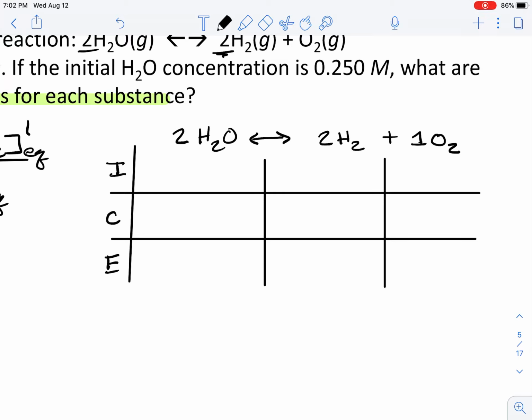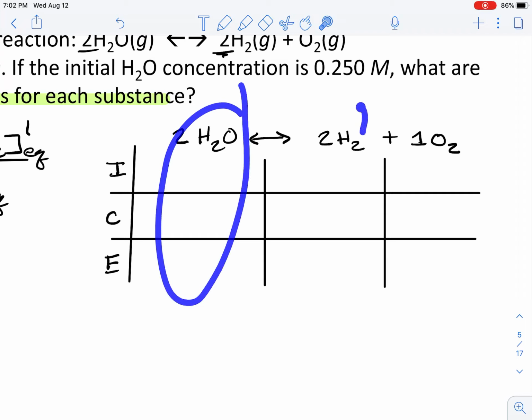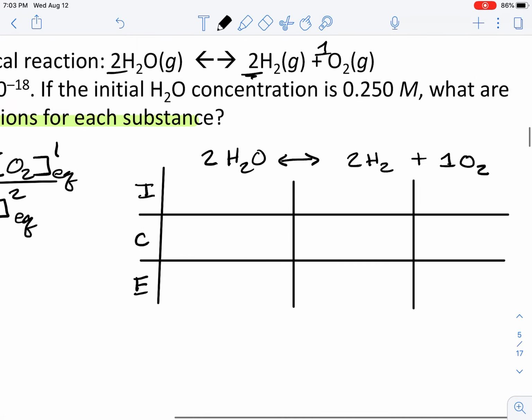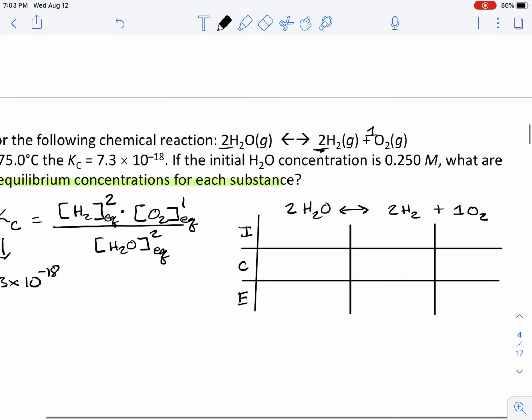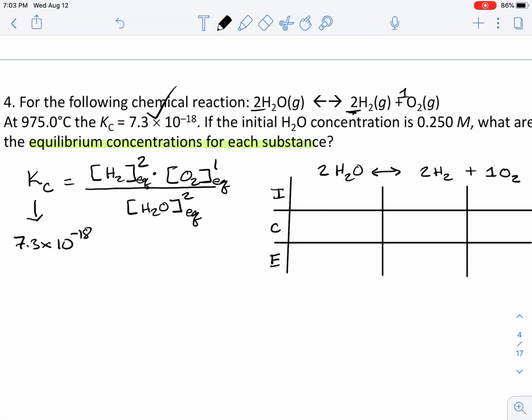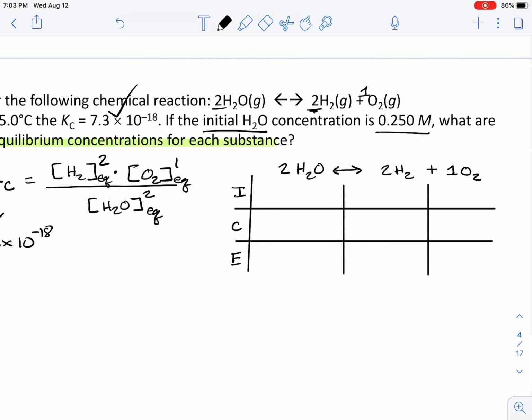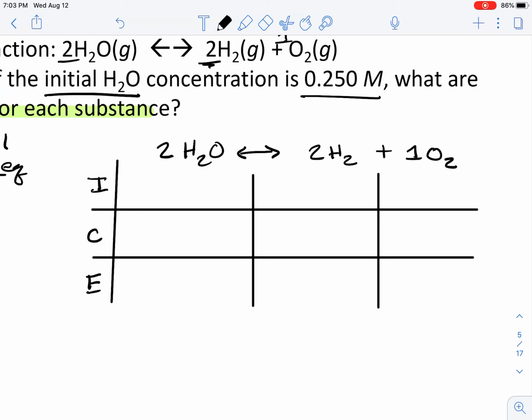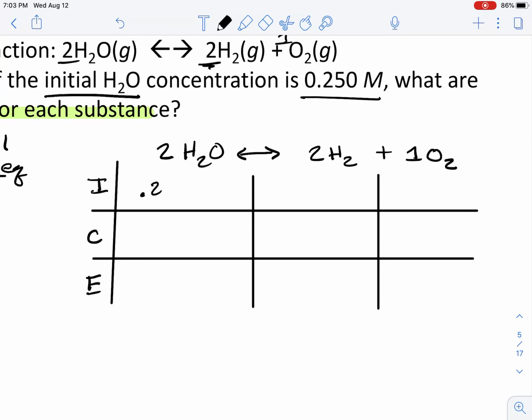All right, so here we have 3 columns: one for water, one for hydrogen gas, and one for oxygen gas. Let's look at the initial concentrations. The initial concentration is 0.250 for H2O. The problem didn't state the initial concentrations for hydrogen or oxygen gas, so we're going to assume it's 0. So here I have 0.250 molar, and then 0 molar and 0 molar.